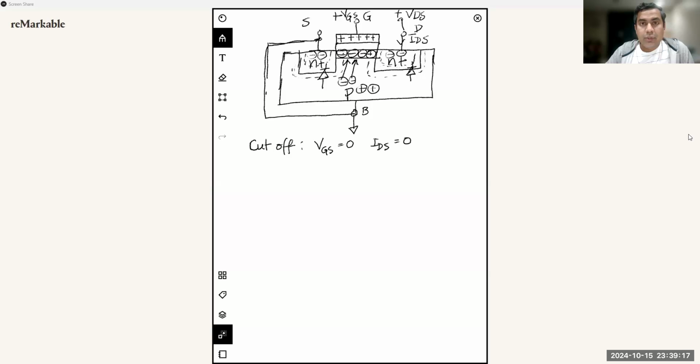But the current is not going to flow right away. Similar to the diode, you will see that up to a certain gate voltage there is no current. But once that gate voltage crosses a particular threshold, there will be a current flow between the drain and source. That voltage, which is required for any kind of MOSFET, is called the threshold voltage.